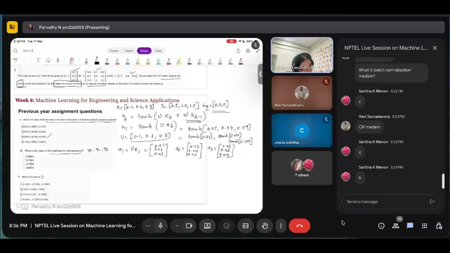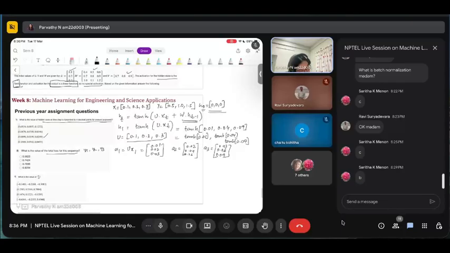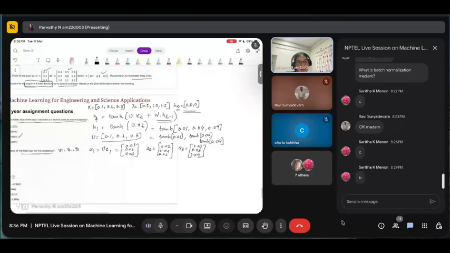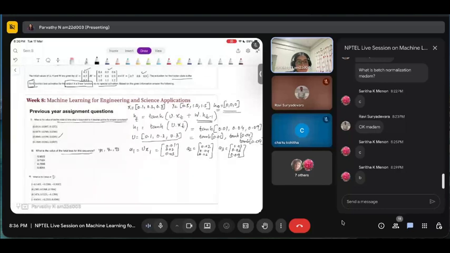Okay. Now, we have to take the tanh of this A1, and that is the hidden state H1, because the initial hidden state is 0, 0, 0. So this portion will get 0. The only portion that remains is this. So we take the tanh.